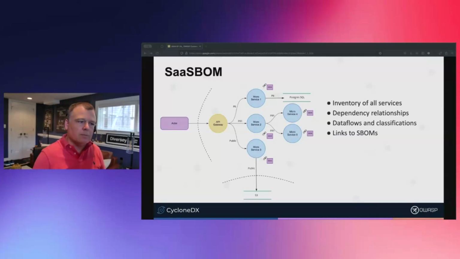And each one of these microservices in this example has its own SBOM, which can also be referenced by the SaaSBOM. So there are lots more capabilities than just a simple software bill of materials. A software bill of materials is a great place to get started, but with CycloneDX, you have many, many more options and capabilities that you can mature into.